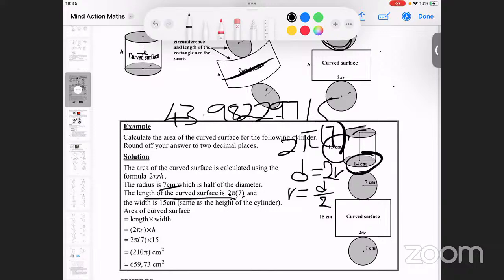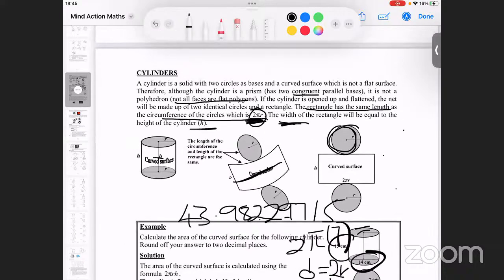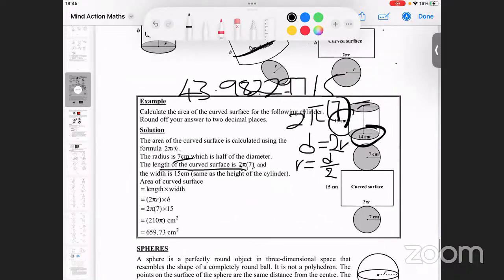Now we are still calculating the length of the rectangle, which is the 2 pi r. Okay, no problem. So now that we got that, it is 14 pi. Yeah, it's 14 pi.